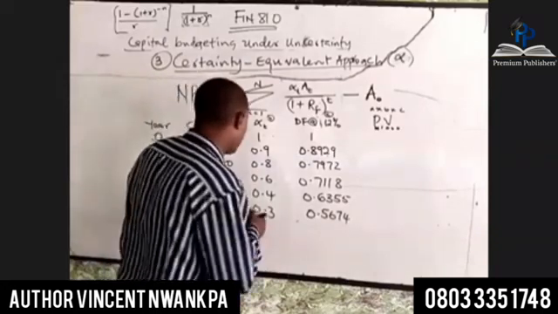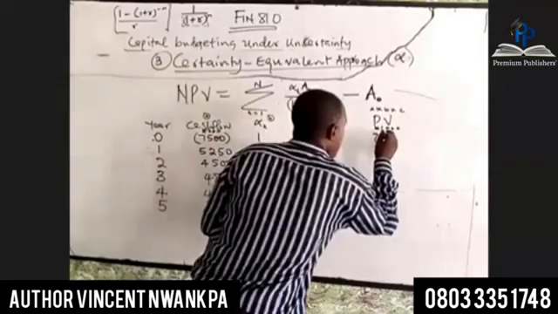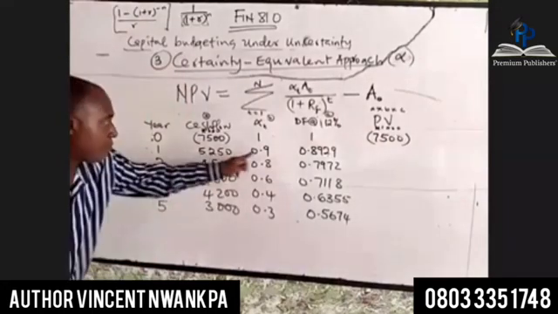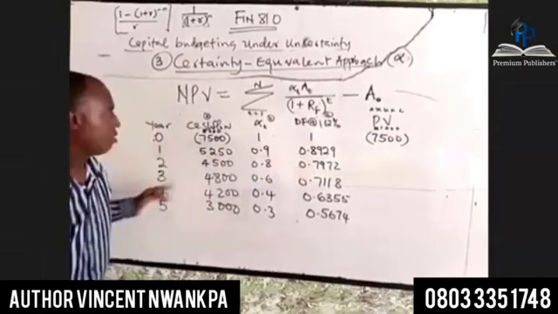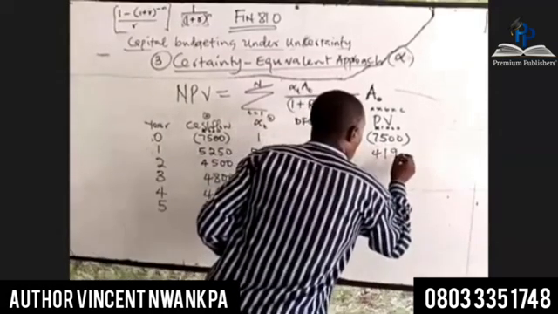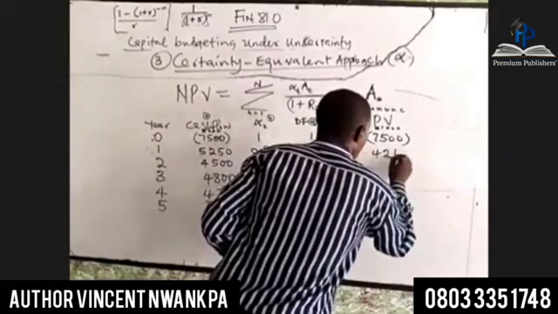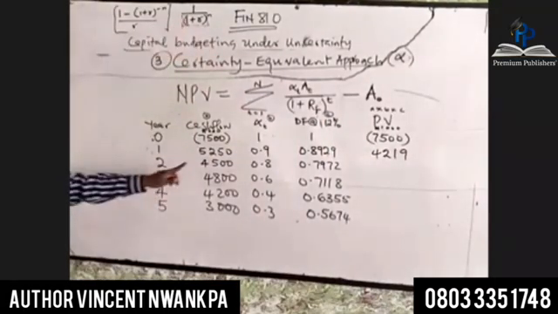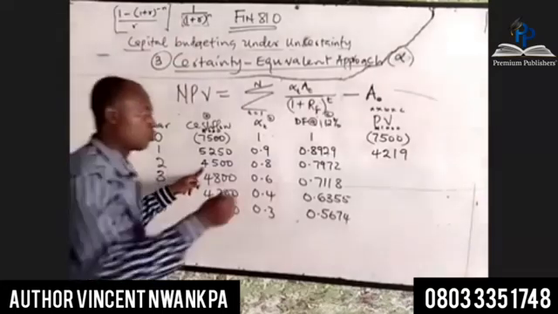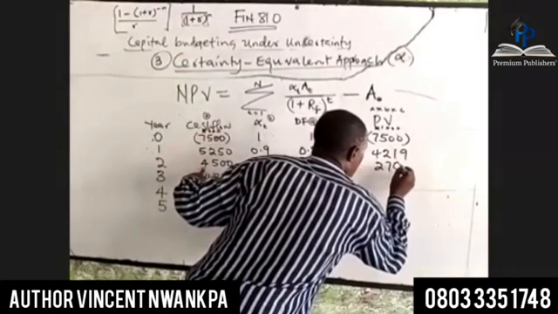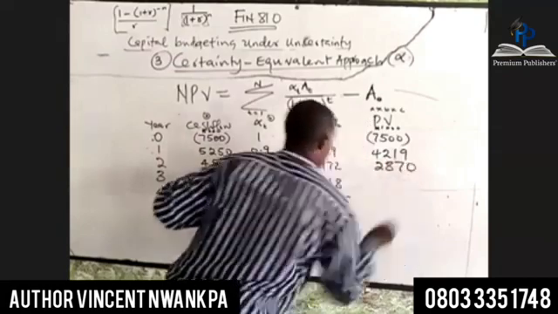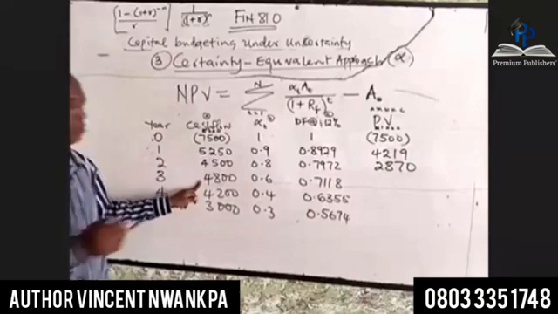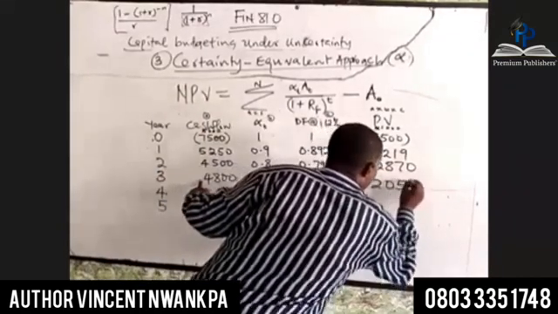So multiply now. This is 17,500. This 4,219 times this, so 3 things. That's 4 million, right? There are already thousands in them. So that's 2,870. Next, 4,800 times that is 2,050.